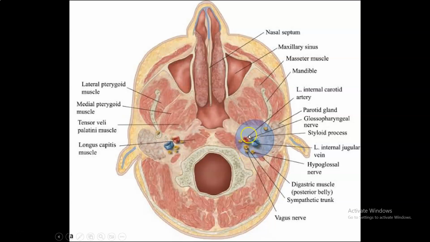So we finished the vagus. It contains also the hypoglossal nerve, as we said, contains the glossopharyngeal and the accessory. So it contains the lower cranial nerves with the sympathetic chain. It contains a very important artery, internal carotid artery, and a very important vein, the internal jugular vein, on their way to the skull base.